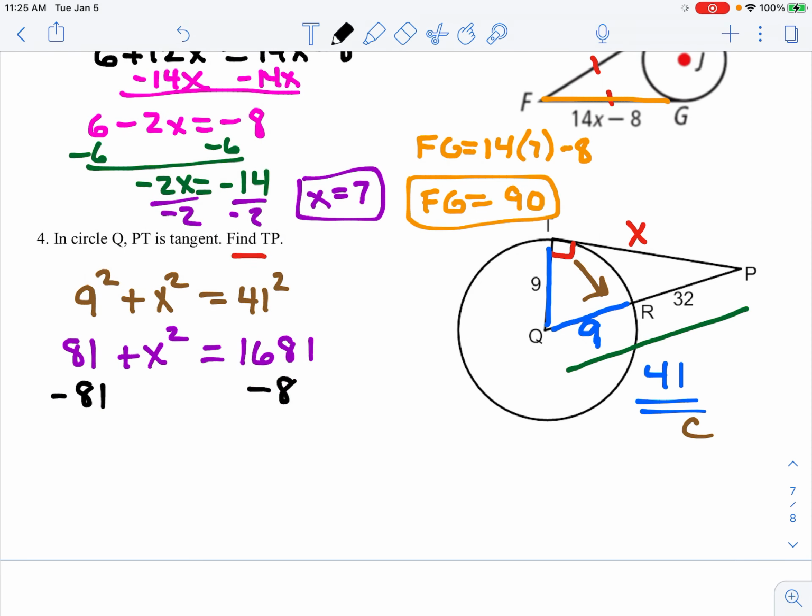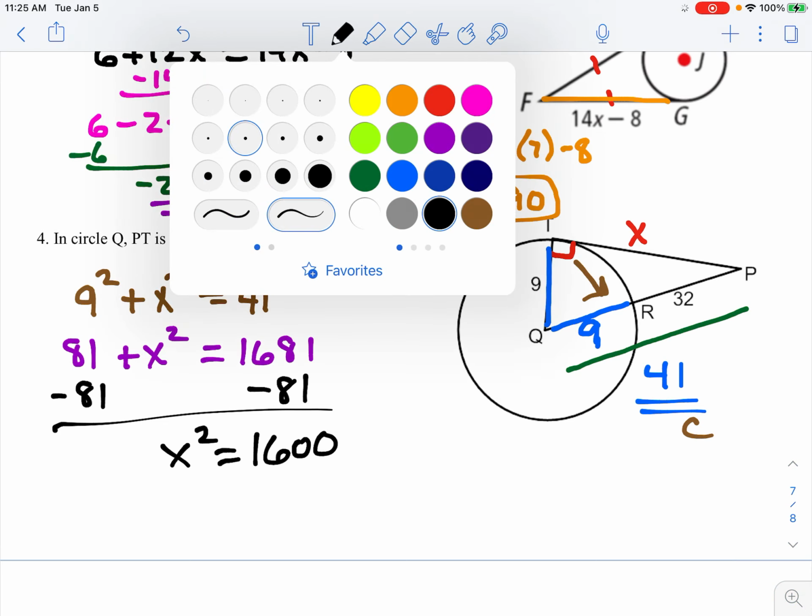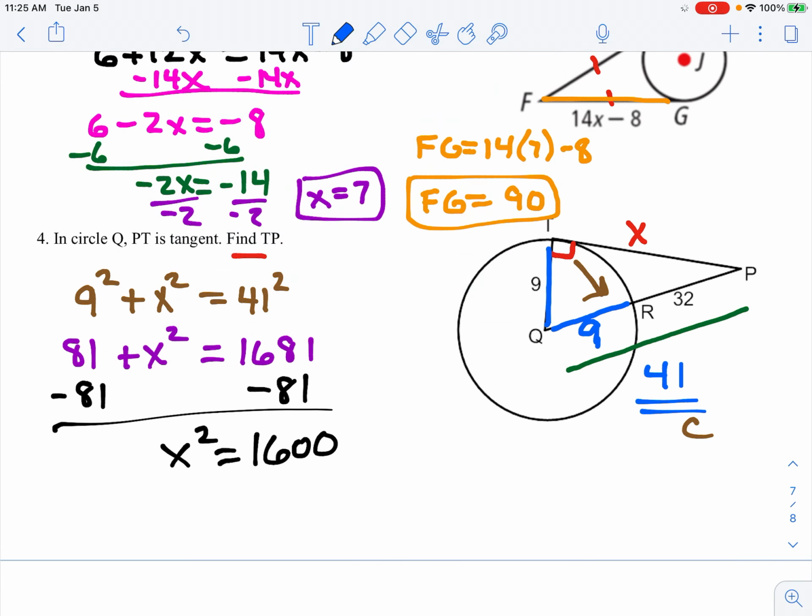Subtract 81 over, and I'm left with x squared equals 1600. Last, go ahead and square root both sides, and I get x to equal 40, which is what they wanted, which was TP.